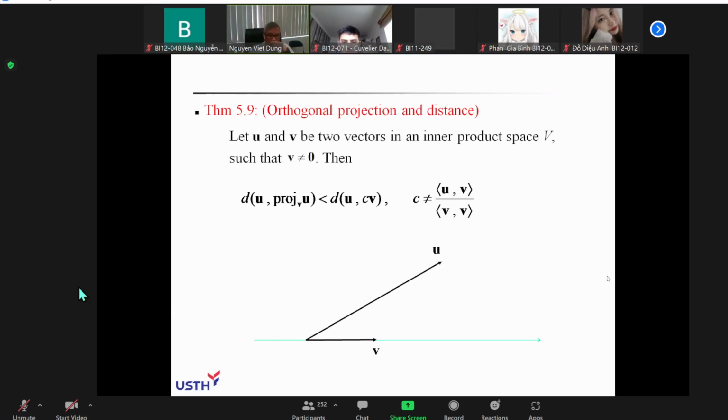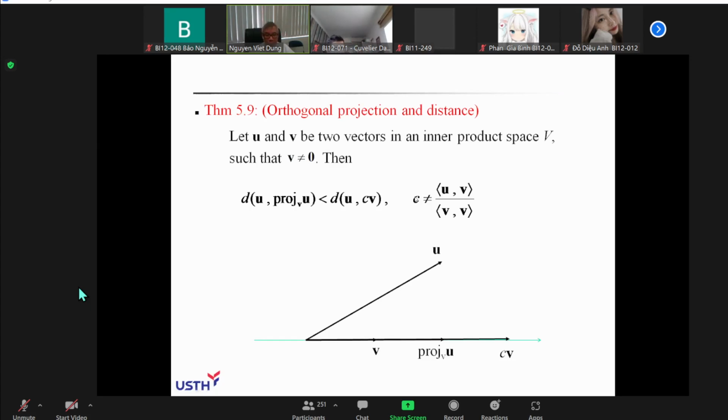Please take a look at this. U is that one and V is that one. Now we consider the projection of U on V. By point, it is here, or by vector, that is a vector going from the origin to that one. Next, if I consider a multiple of V, CV, that is somewhere here, it must lie on the green line here. Any vector lying on that.